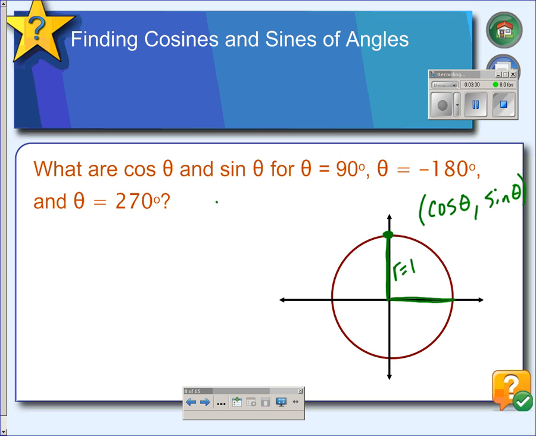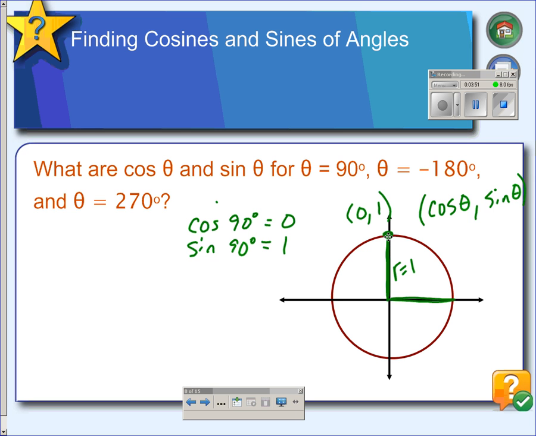The coordinate at this point would be 0, 1. So the cosine of 90 degrees would be 0, the x value. The sine of 90 degrees would be 1, the y value.